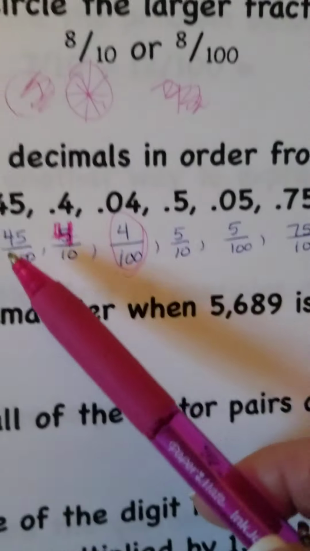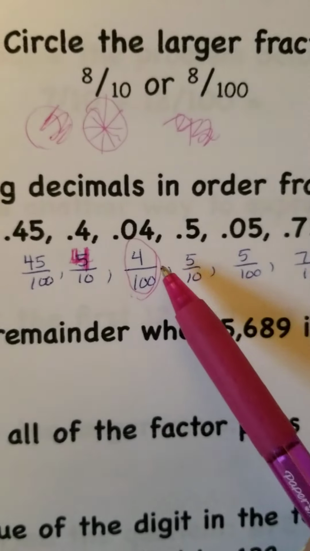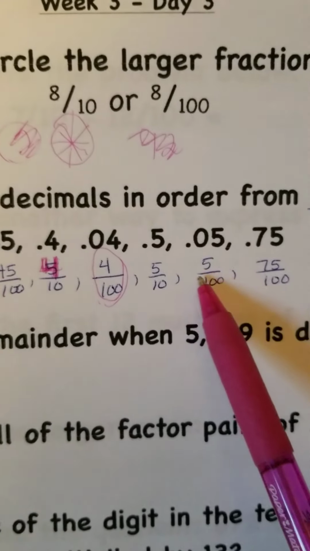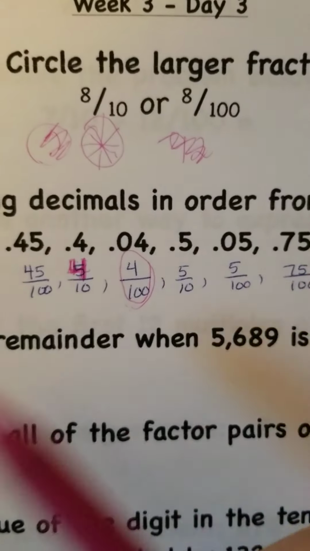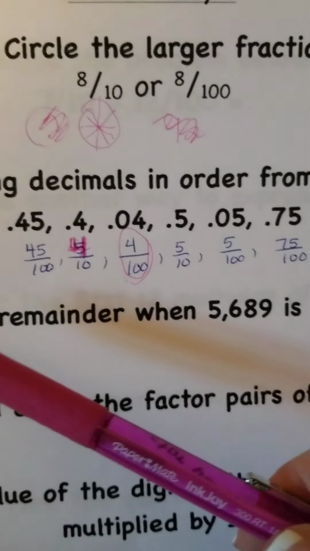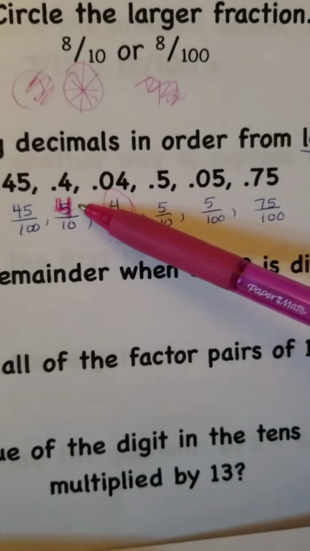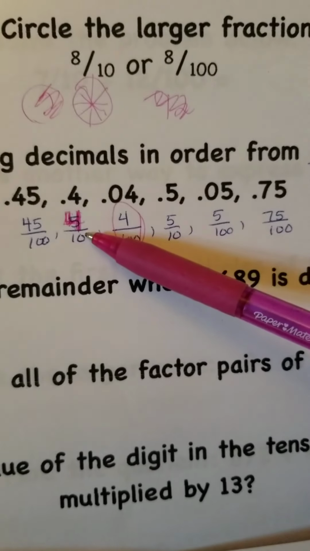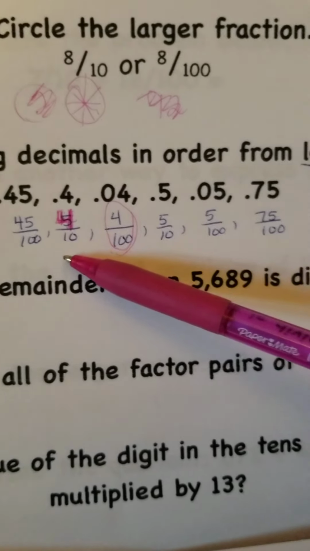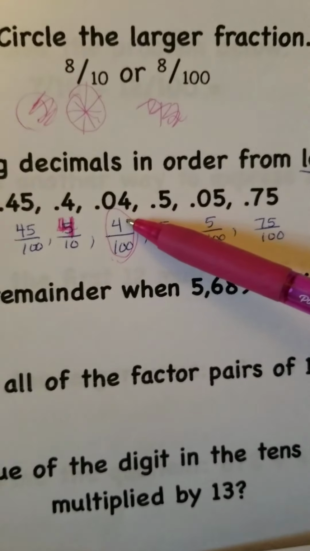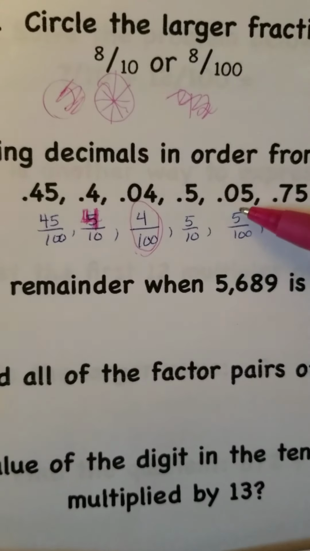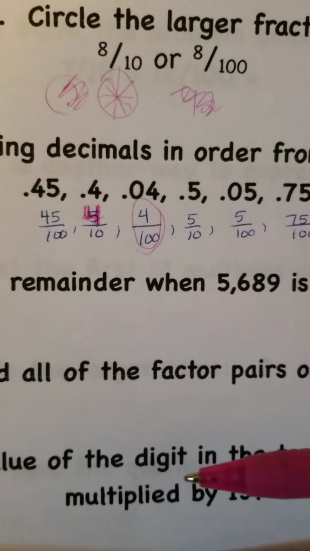So if you want to convert them to fractions first, like I did, that will help you to understand. And remember, least to greatest, okay, is 4/10, is 400ths smaller than 500ths? Of course it is.